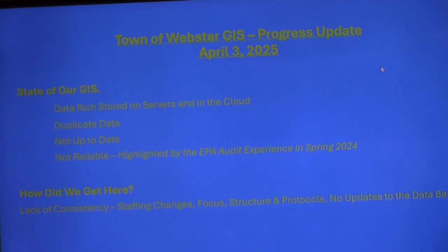And really what you find is when you're building out the GIS, you want to have a very structured database, layering system, if you will. And you want to make sure you have protocols and standard operating procedures in place so that the information is going into the GIS consistently, so that we know how to get it back out.